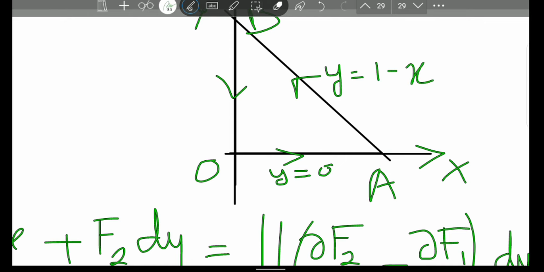That's because x plus y equal to 1. If we change y from y equal to 0 to y equal to 1 minus x, then we will be covering this region, no doubt about it. But not only that, we will be covering something more.